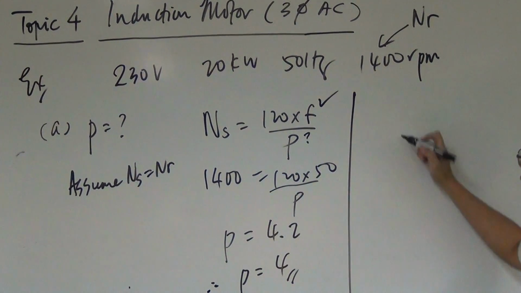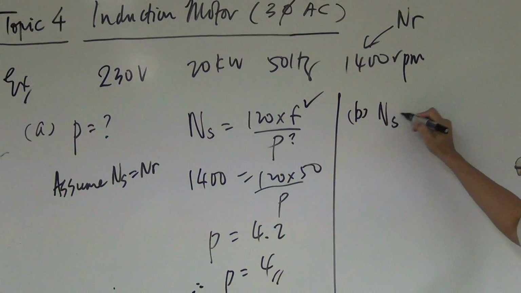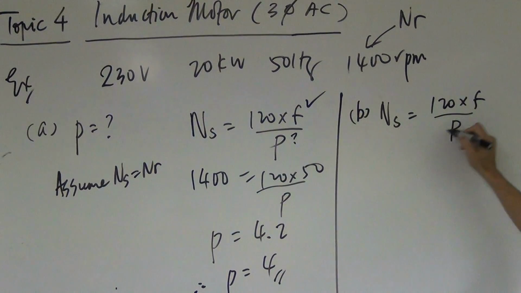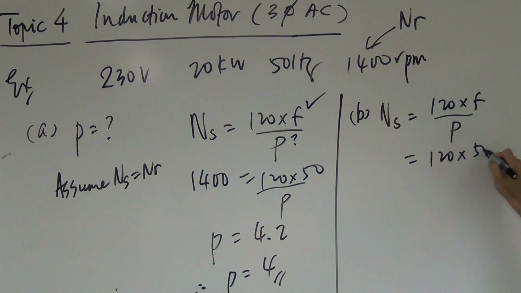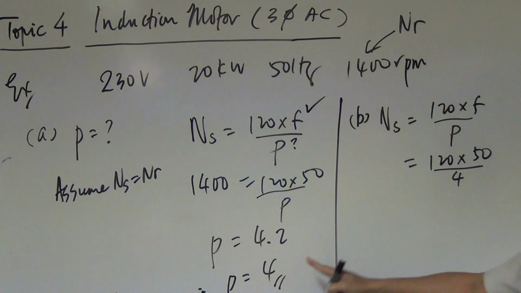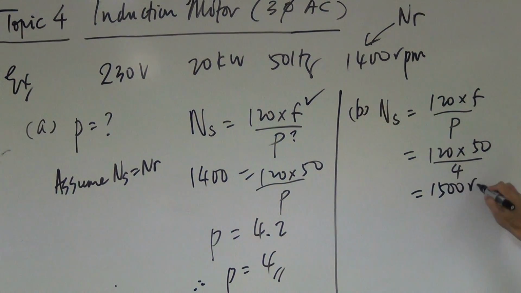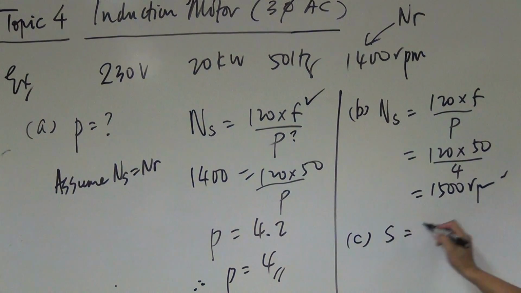Part B. Find the synchronous speed. Formula again, 120 f over P. So 120 times 50 divided by 4. You get 1500. And part C, find slip.